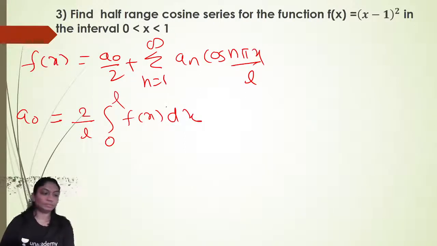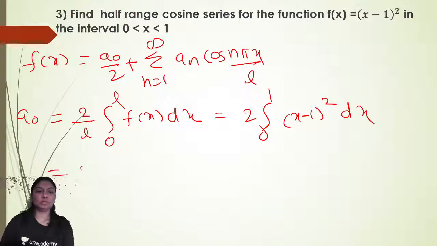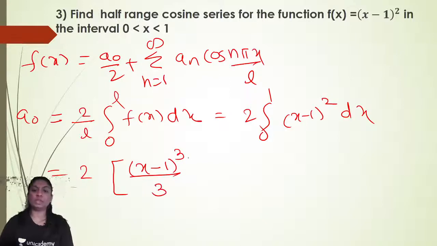So you will get here 2 upon 1, so 2 integral from 0 to 1, f of x is x minus 1 bracket square dx. So here you will get 2 into integration of x minus 1 bracket square, which is x minus 1 bracket cube upon 3, from 0 to 1.